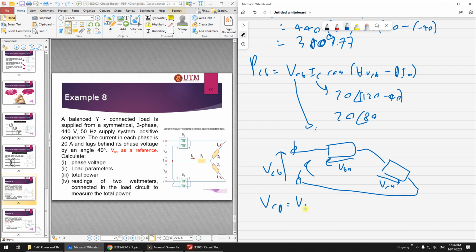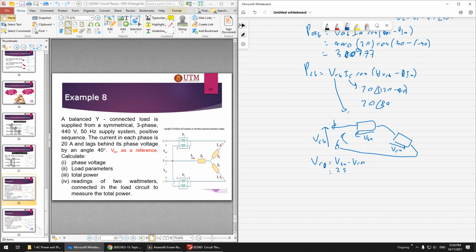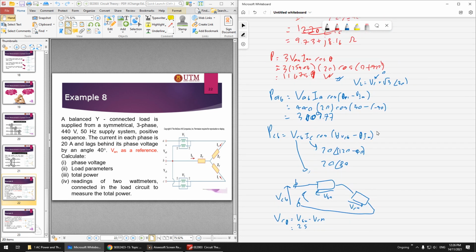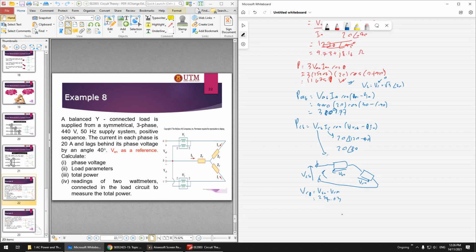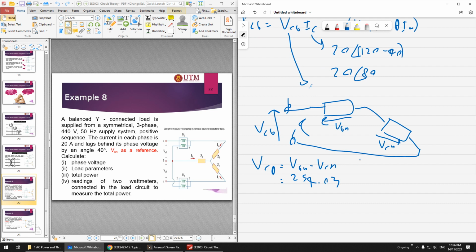So V_BN minus V_CN. So V_BN is 254.03, and the angle is negative 120, plus 254.03, angle is 120.